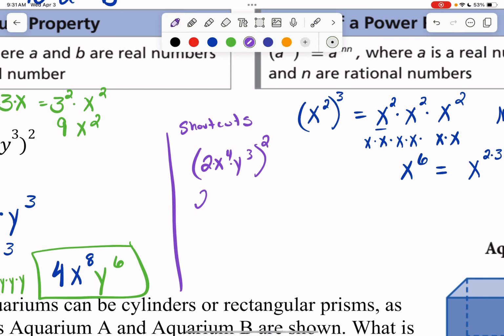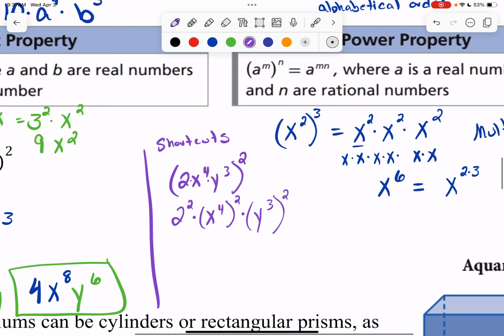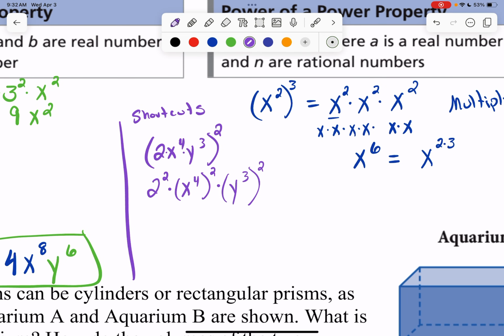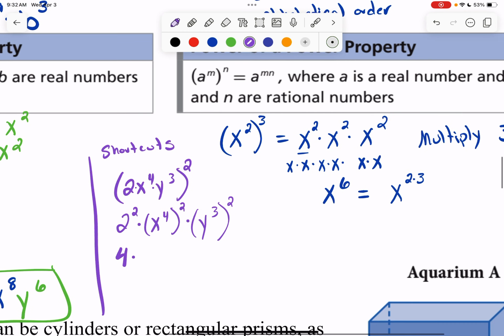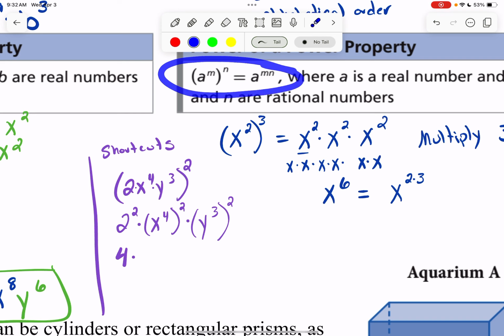So I would have 2 to the 2nd times x to the 4th to the 2nd times y to the 3rd to the 2nd. So that was using the power of a product. Okay, that was using that first rule. Now 2 to the 2nd, well, that's 4. Now I have x to the 4th to the 2nd. So now to use this rule, I have x to the 4th to the 2nd. I multiply those exponents.